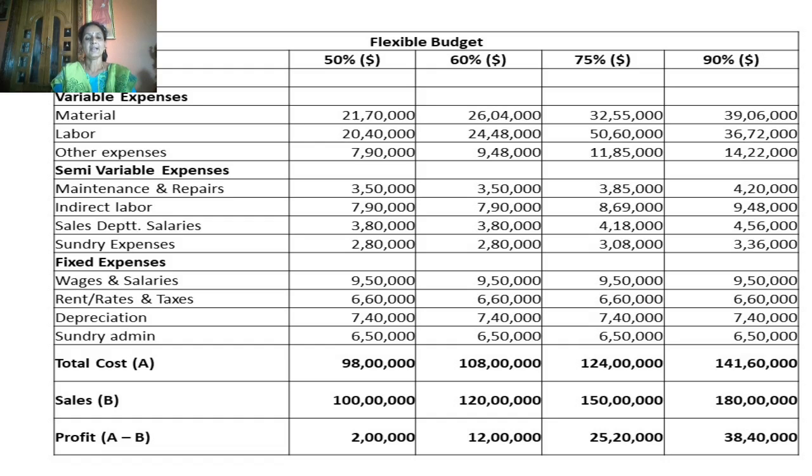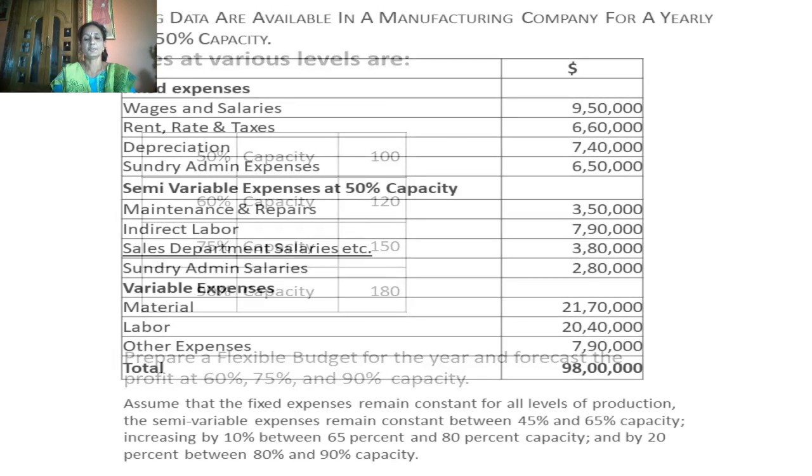So if you keep on adding 10% to the 50% capacity amount, that will give you the amount for 75%. So here we have completed for 75% level capacity by adding 10% of cost which has been taken for 50%. Now again refer the problem.